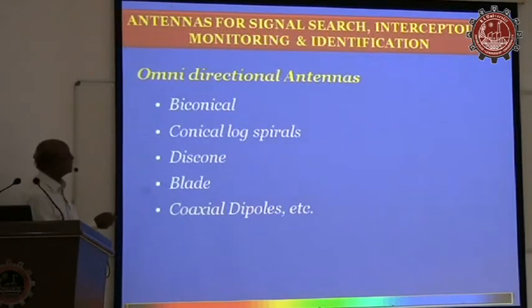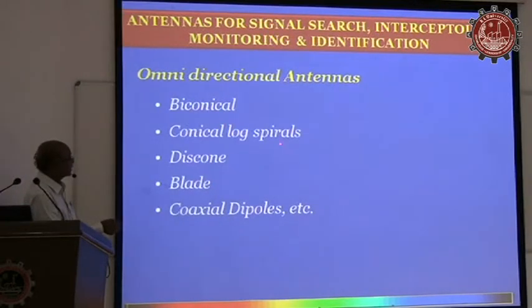So in EW, as I already told you, they should have broad frequency bandwidth. What are the types of antennas which can meet the omnidirectional patterns? One antenna is the biconical antenna, then the conical spiral antenna. The biconical antenna has an omni radiation pattern in the azimuth plane and a directional pattern in the elevation plane.